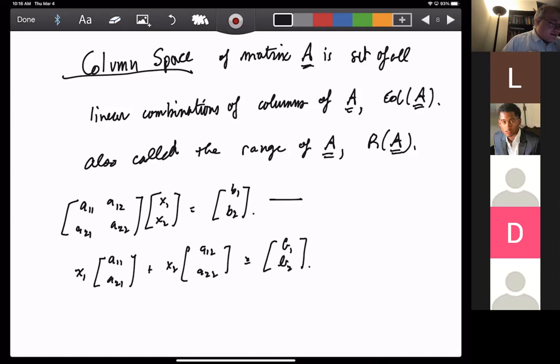So the process of solving this linear system is the process of trying to find the correct linear combination of the columns of the coefficient matrix to get the vector on the right-hand side.